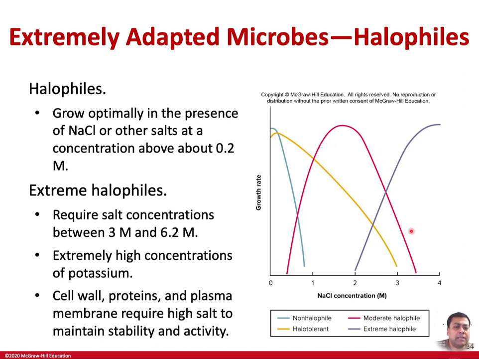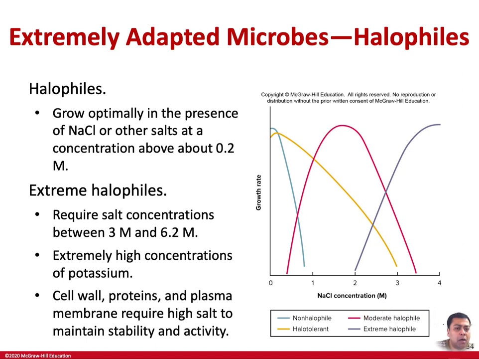And you can easily see the different groups that are named. Right here, you have the sodium chloride concentration from 0 to 1, 2, 3, 4 molar, and this is the growth. For non-halophiles, as you increase the concentration of salt towards 1 molar, the growth immediately drops.